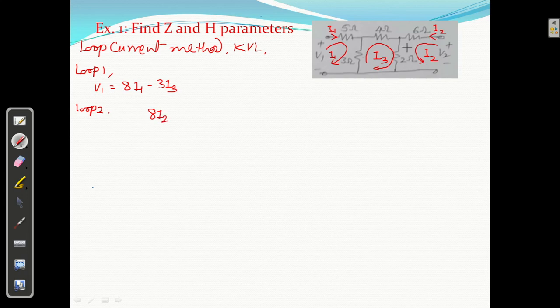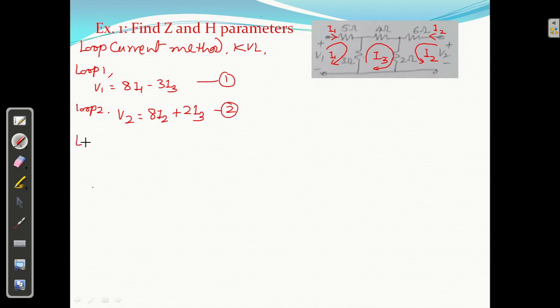At the same time, the 2 ohm is a common branch between loop 3 and loop 2. I2 is downward, I3 is also downward, so plus 2 I3 equal to V2. So we got equation number 1, and this is equation number 2.